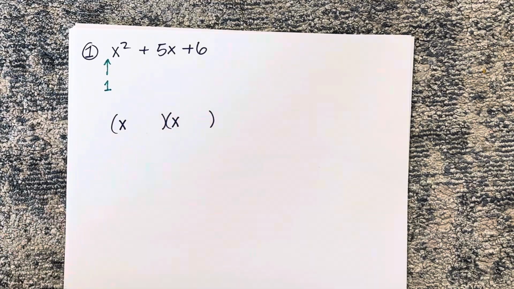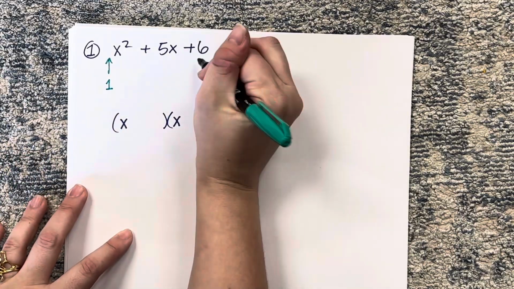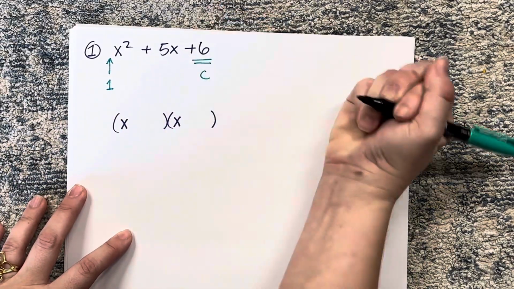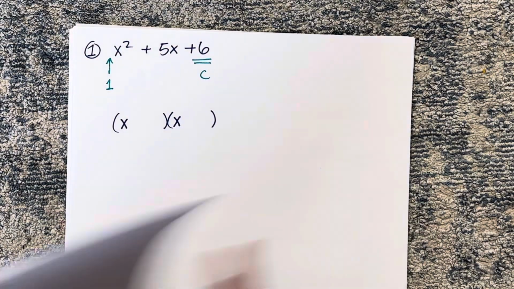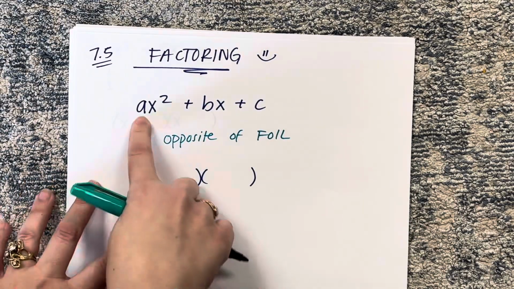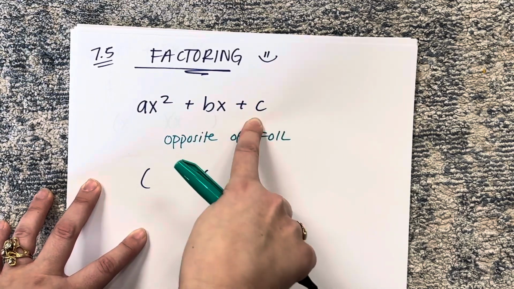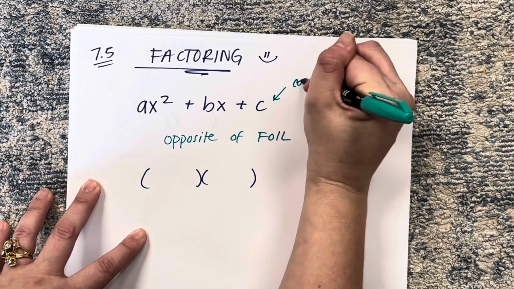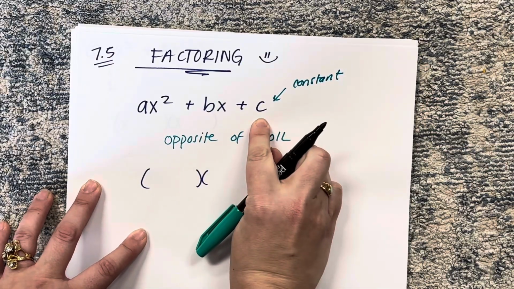Cool. Okay, so now this is my C term, right? If you look at your original generic x squared expression, this C term, your constant term, is the one that's going to tell you the most about what to do.